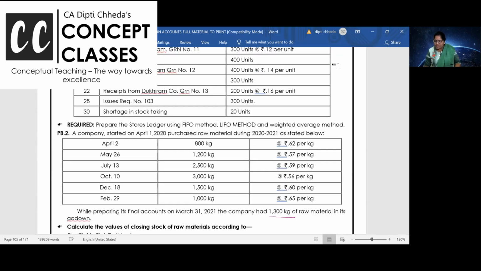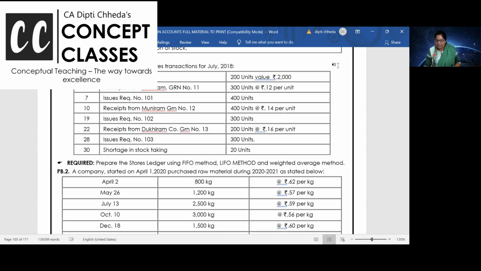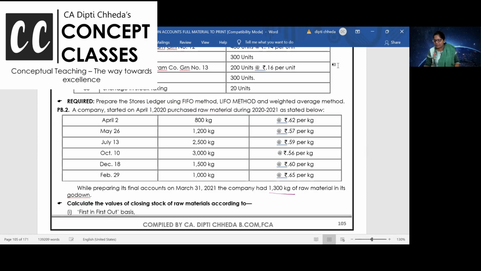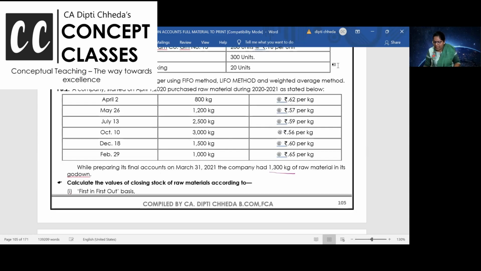Now, if you look at the first problem, you have receipt, issue, issue. That's a proper problem which you have worked out with three methods. Now, this second problem, it's only purchases. So if it is first in, first out, and your closing stock on 31st March 21 is 1300 kg, definitely it would be the last 1000 kg only.